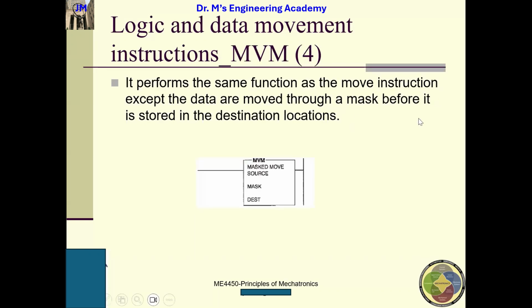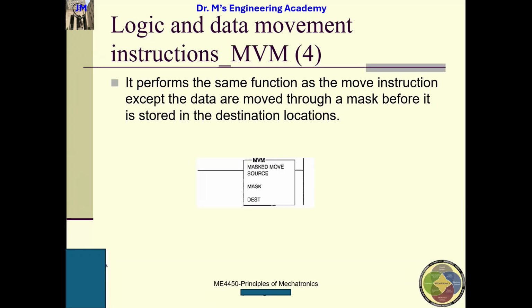MVM performs the same function as the move instruction, except the data are moved through a mask before it is stored in the destination location. For this one, you need to look at the bits of the mask. Only when the bits of the mask equal 1, the corresponding bit from the source will be moved onto the destination.